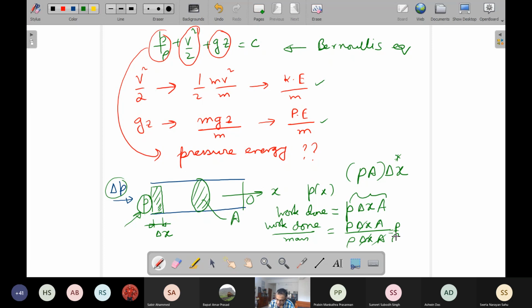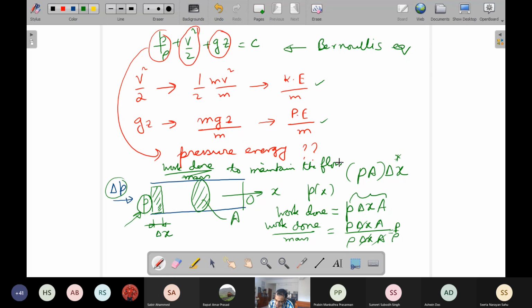Whatever the name, I do not care about the name, but this P by rho is work done per unit mass to maintain the flow as attributed to the pressure, or in presence of pressure.